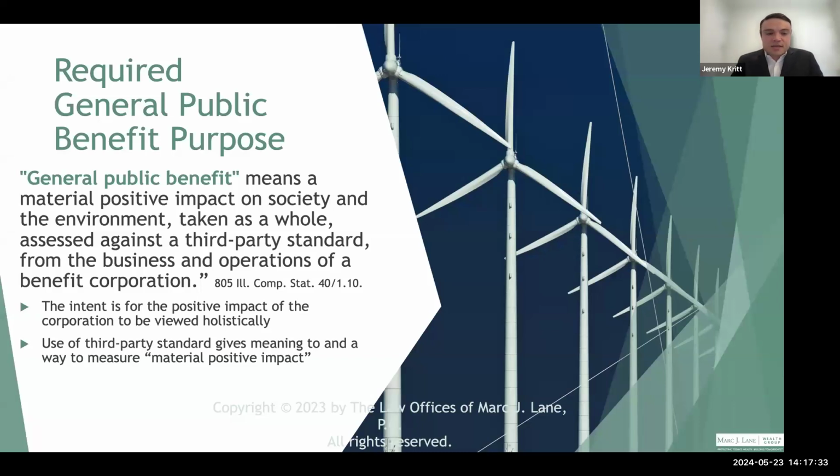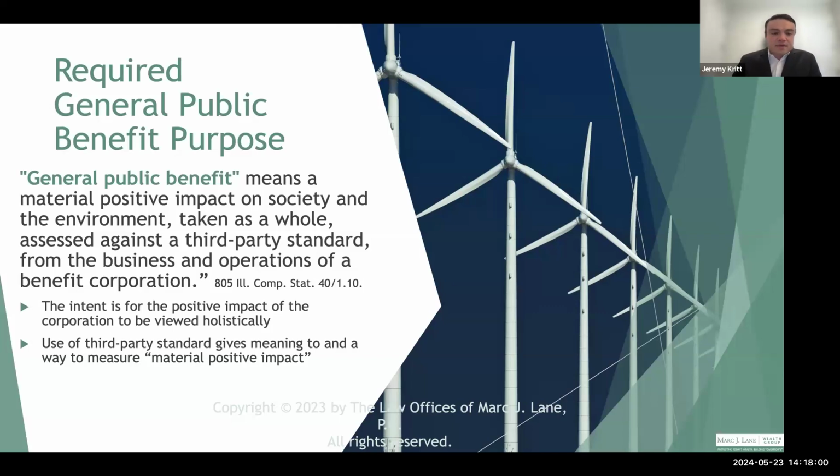Now, that's definitely a bit of a mouthful, but a few things are important to point out: material positive impact taken as a whole from the business and operations. The intent is for the positive impact of the benefit corporation to be viewed holistically, the net impact of the benefit corporation.